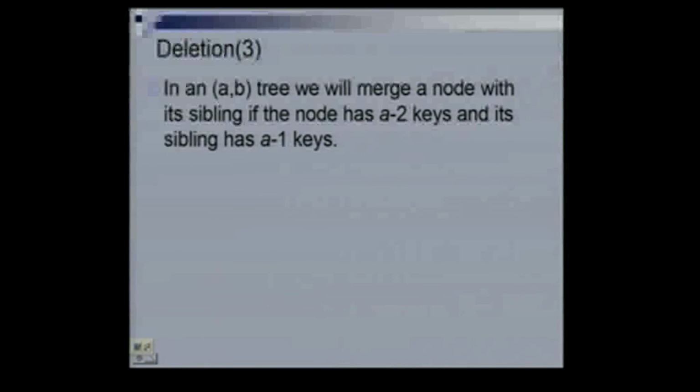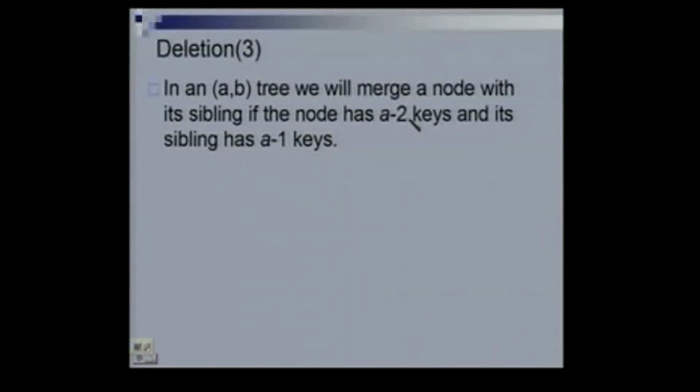The minimum number of keys in a node is a minus 1, which means this node had a minus 2 keys. I am trying to borrow one from its sibling, but I am merging with the sibling, which means even the sibling does not have anything to lend me. How much does the sibling have? The minimum number, a minus 1. So if I am merging a node with the sibling, then the sibling has a minus 1 keys and the node itself has a minus 2 keys.